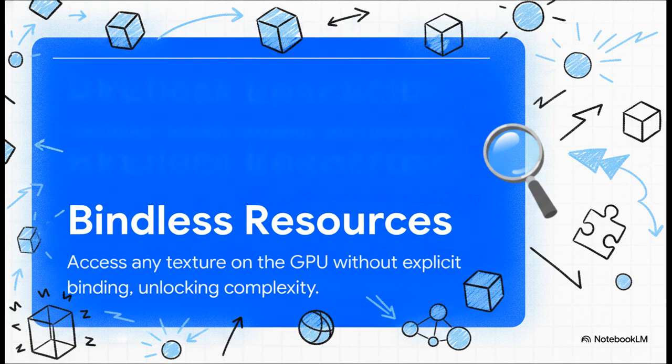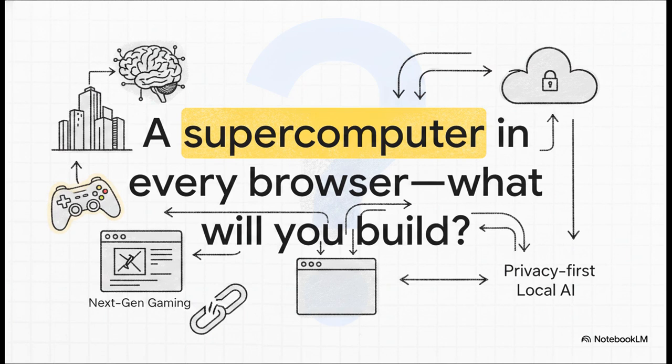Right now, accessing textures and buffers requires strict, explicit bindings. It's a bit rigid. Bindless resources will remove that friction completely, allowing the rendering of massive scene graphs, highly dynamic material systems, and arbitrary object counts. This is the exact piece of the puzzle required to make features like ray tracing acceleration structures an actual reality right inside your browser.